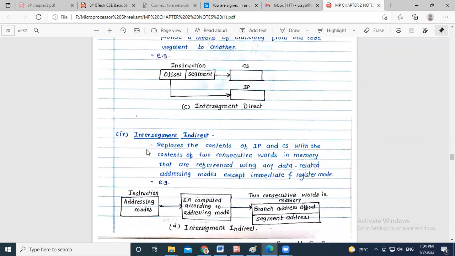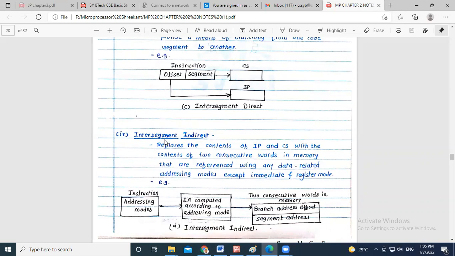So next, the last category, that is inter segment indirect. In this inter segment indirect, it replaces all the contents of the instruction pointer and the code segment with the contents of two consecutive words. So in that, any data related addressing mode can be used except only the immediate and register addressing modes.